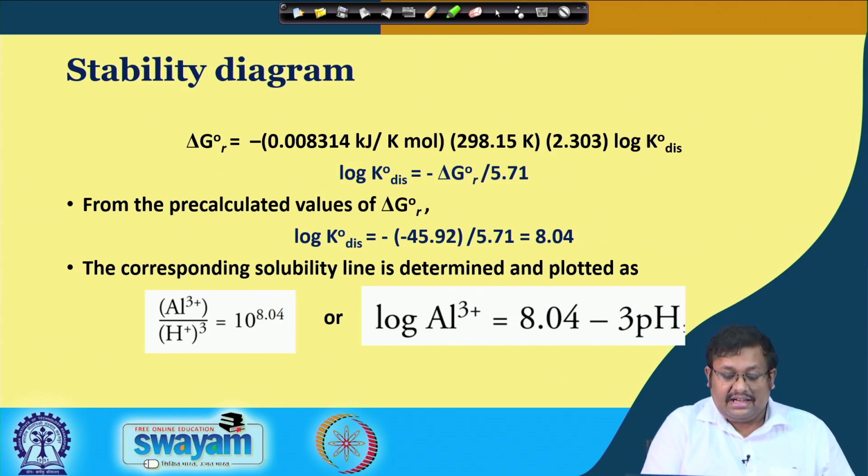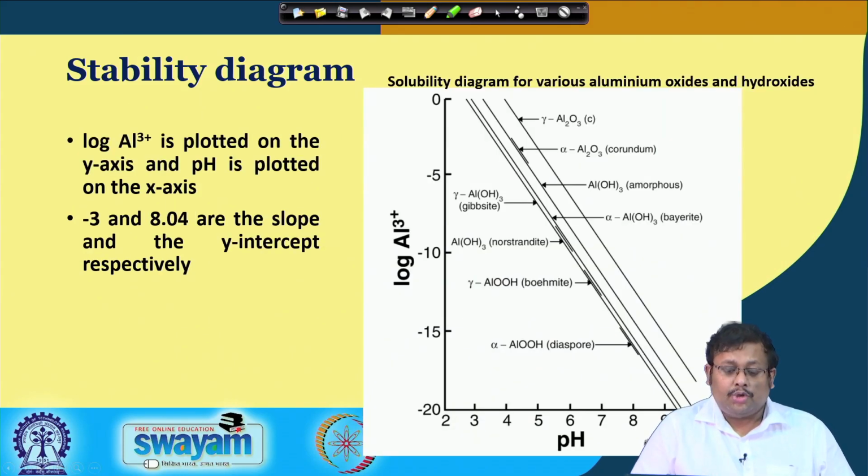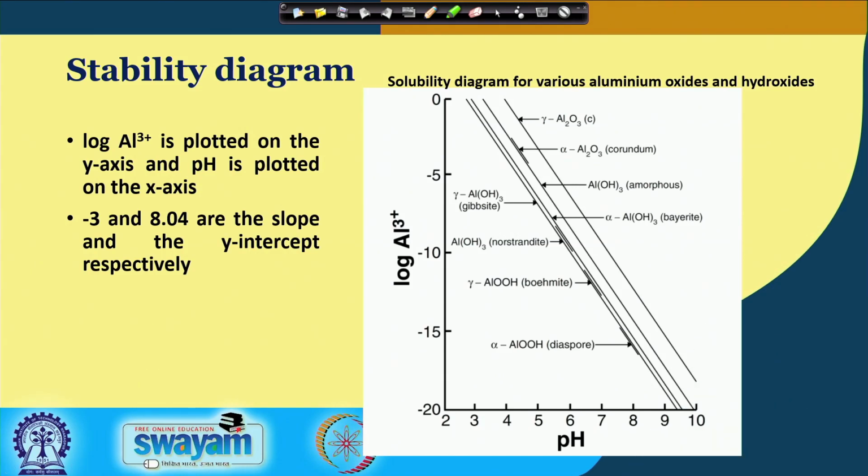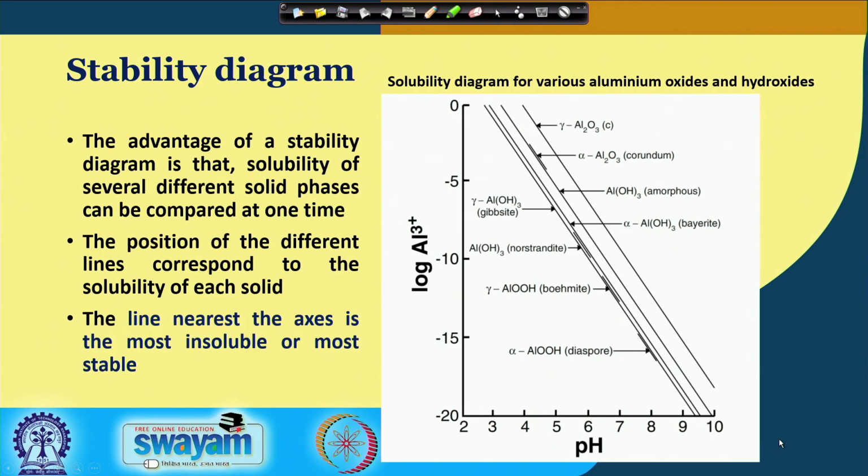Remember, the stability diagram has the log of aluminum on the y axis, whereas pH is on the x axis. And then I showed you how this stability diagram can be made for different aluminum and iron oxides or hydroxides, and how we can differentiate their solubility based on this stability diagram.